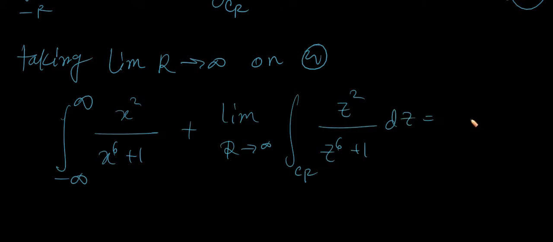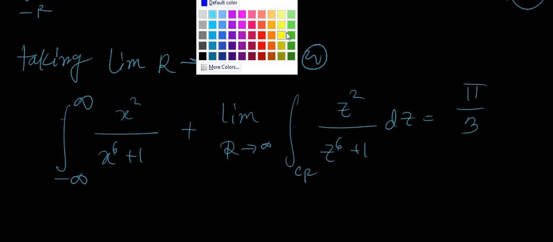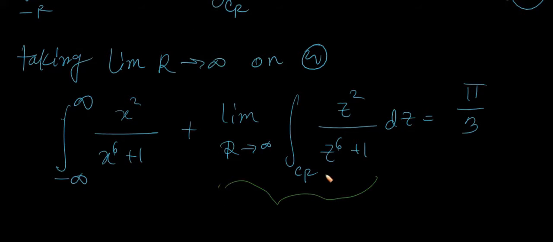Since on the right hand side there is a constant, the limit won't have any effect, so this is just pi by 3. We are almost there, but we need to do something about this extra piece.